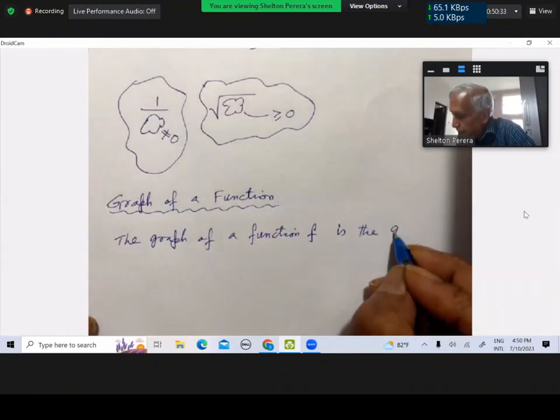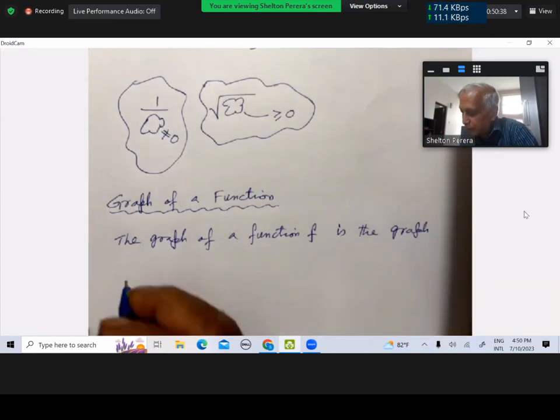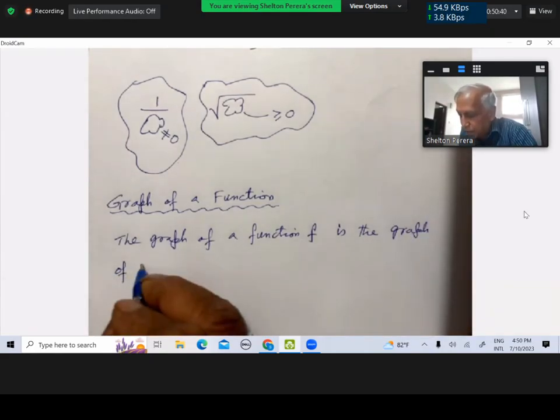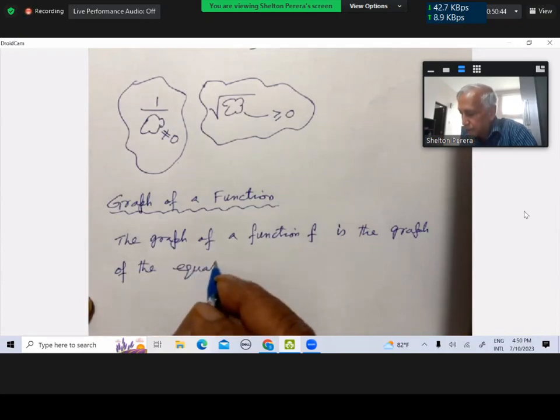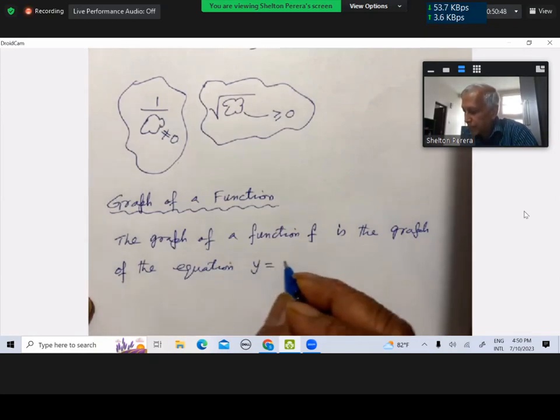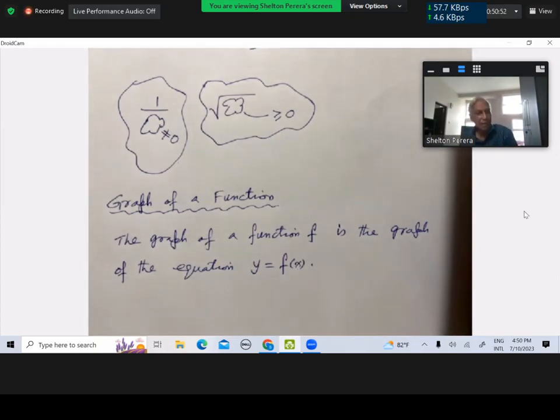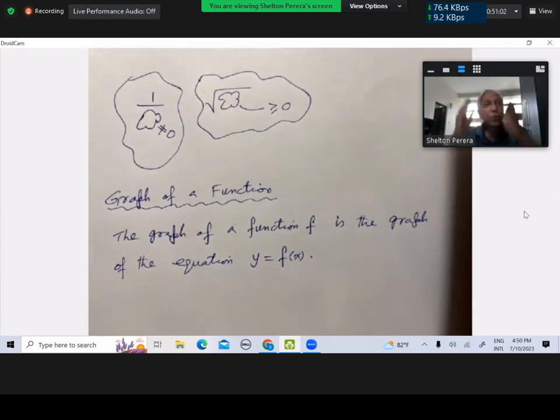That's why we did graphs of equations earlier. The graph of the equation y equals f of x. Now, functions are very abstract objects, rules.